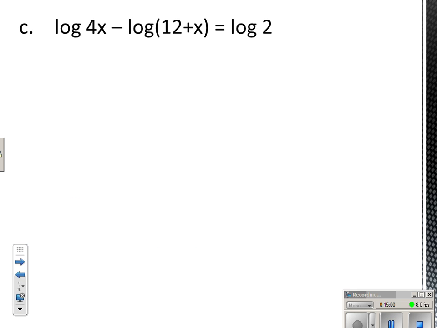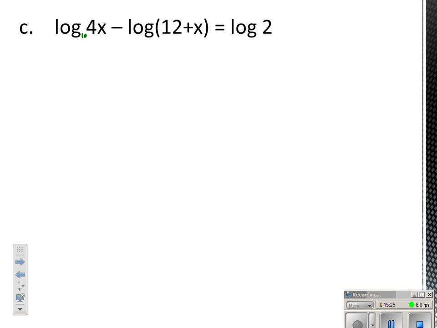Another one on this next page yet before we move on. Log of 4x minus log of 12 plus x equals log base 2. Without the bases written in here, do you guys remember which log base that you're working with? It's those tens. So they do have matching bases on these logs.